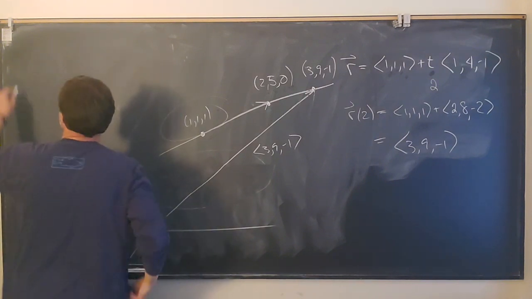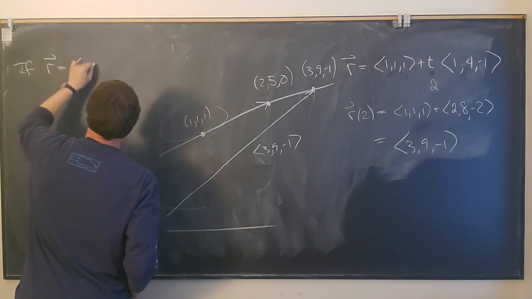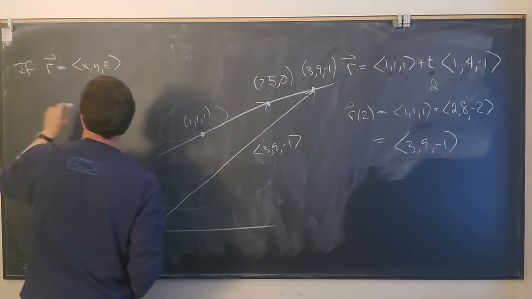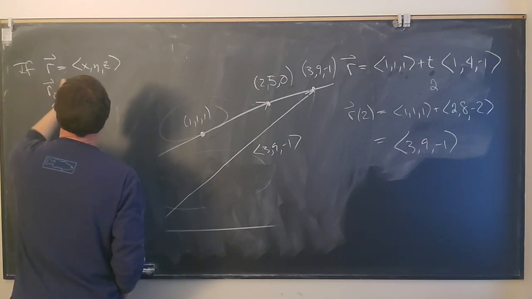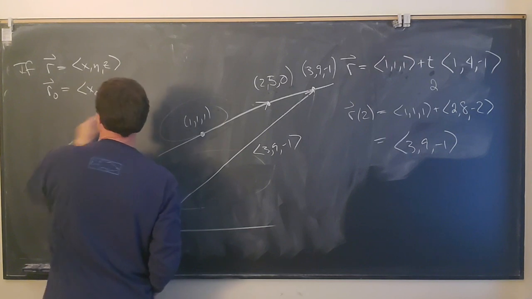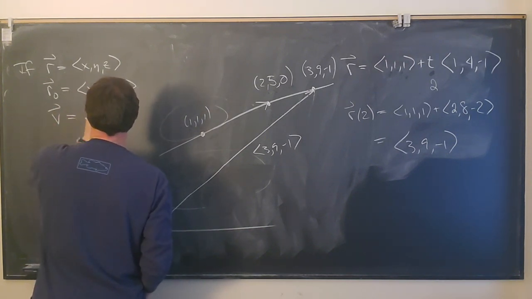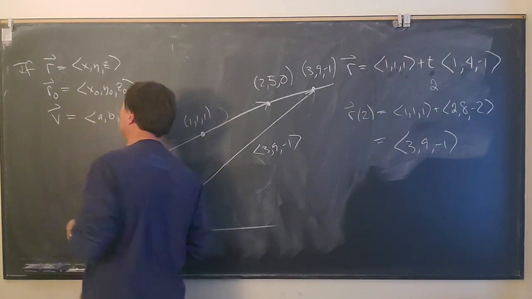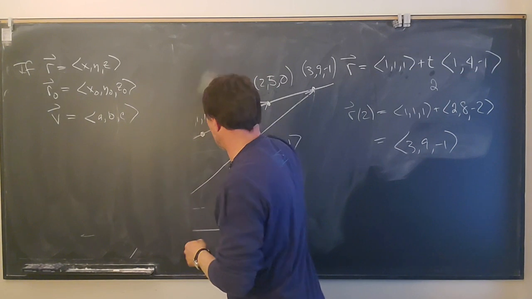So now, if we write r, think of that as <x, y, z>, r0 equal to <x0, y0, z0>, and the direction vector v is <a, b, c>. If we write these out, we've got our vector equation of the line.